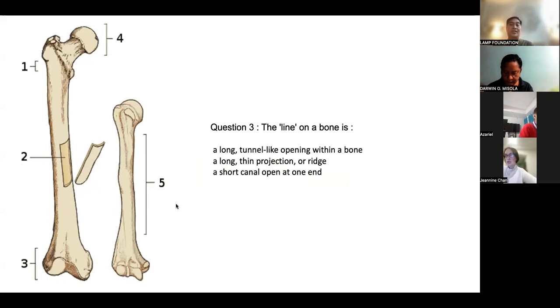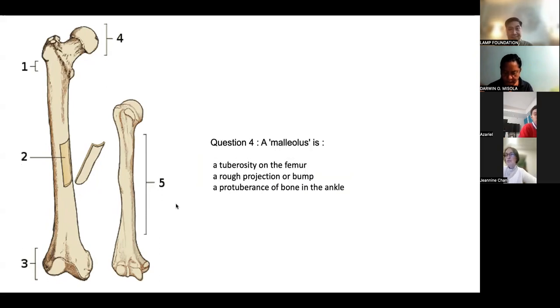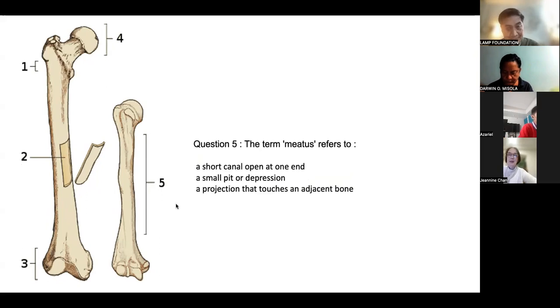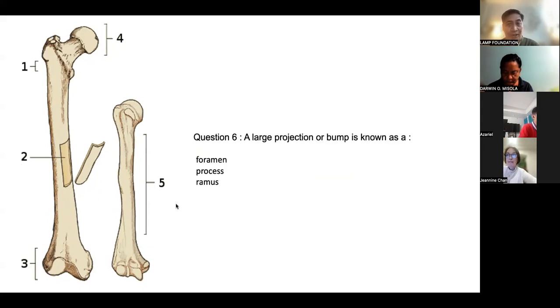A malleolus is a protuberance of bone in the ankle. The term meatus refers to a short canal open at one end. A large projection or bump is known as a process. A small projection or bump is known as?